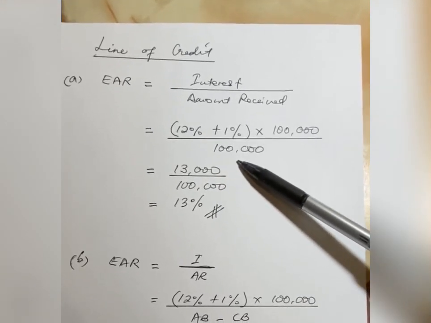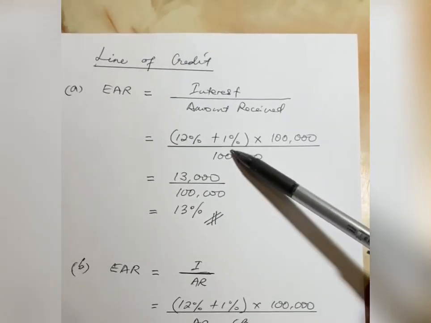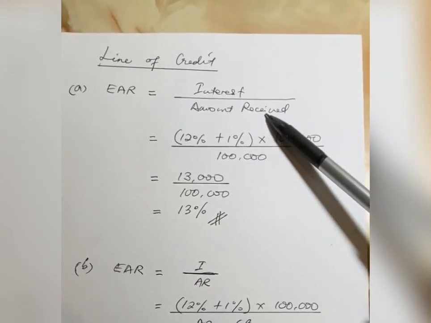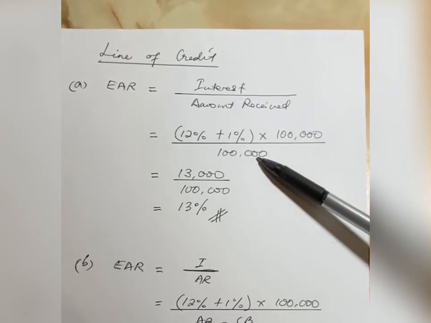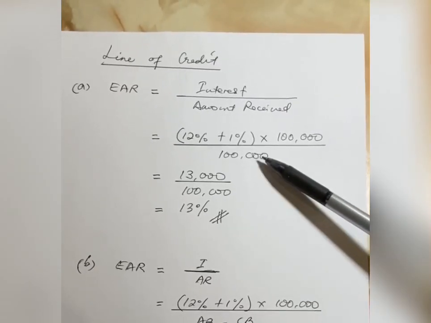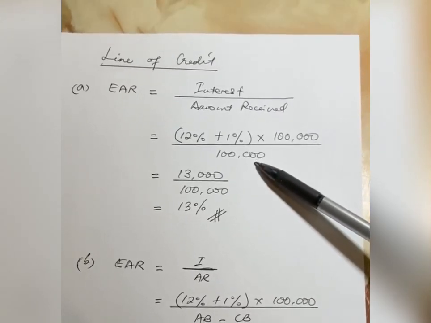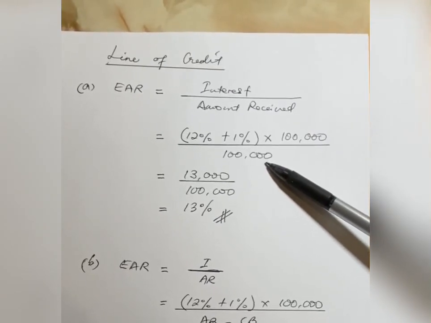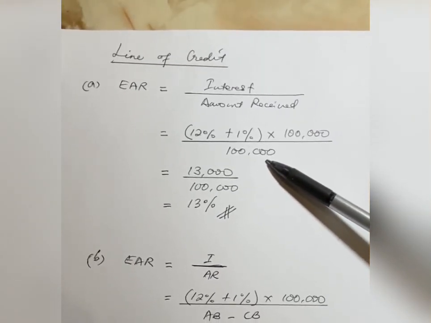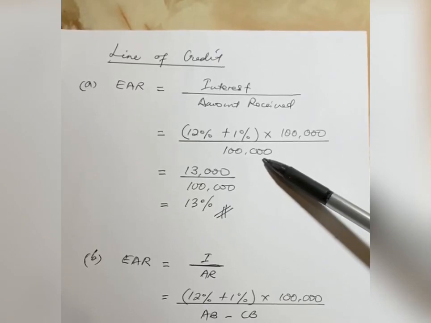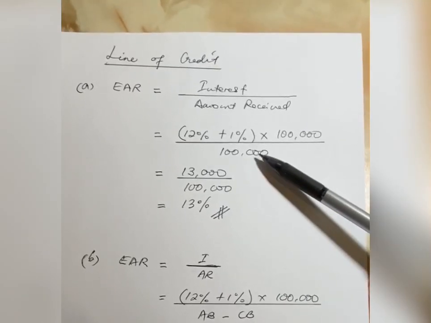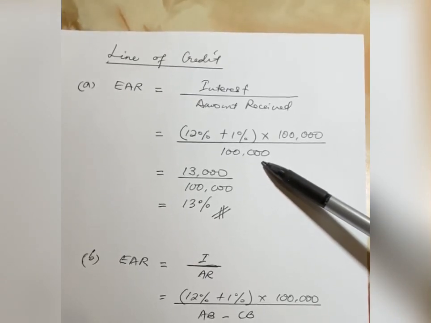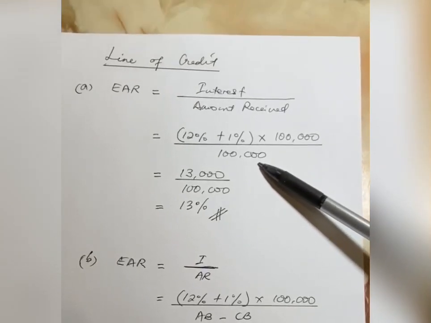For this, the amount received is equal to the amount borrowed, because the compensating balance is not going to be deducted from the amount borrowed, since the company has sufficient funds to be taken as the compensating balance. In these questions, the compensating balance is 20% of the amount borrowed of 100,000.